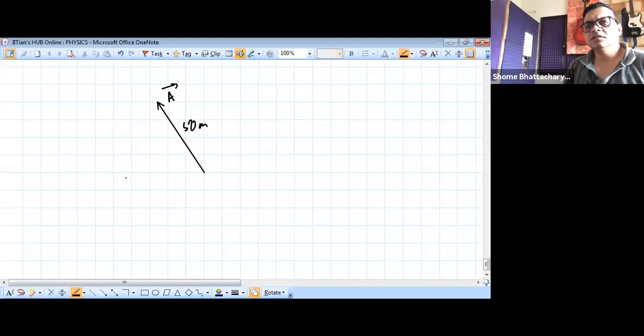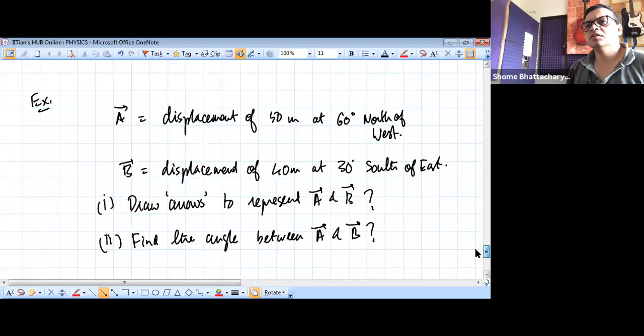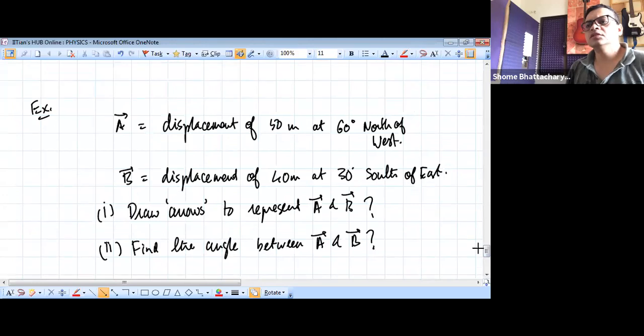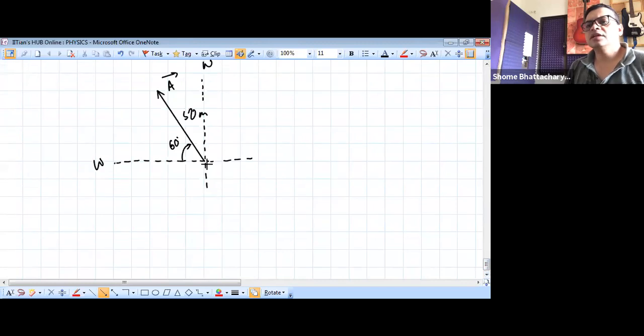This angle here, this is my west direction, this is my northwest. So this angle would be 60 degrees. Now similarly, where is the vector B lying? It is lying along the direction which is 30 degrees south of east. So that one is lying over here.